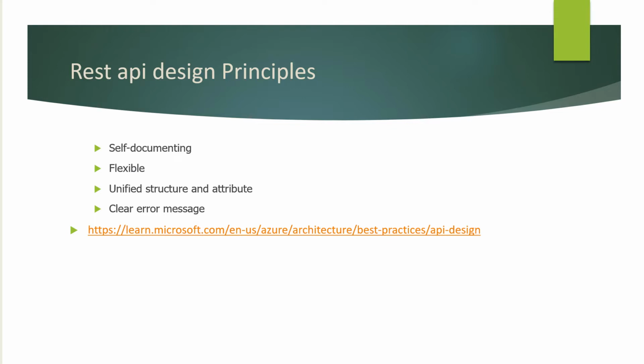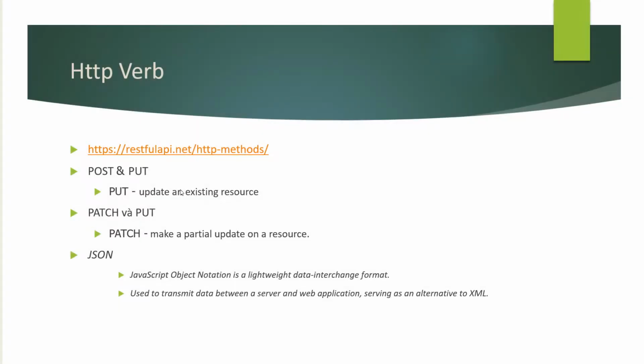It means that it can be easily opened up and expanded in the future, with a unified structure and attributes that have the same format and naming. The next is HTTP verbs. I have attached a link here to help you learn more about HTTP methods like POST, GET, or PUT, for anyone who needs to compare and know the difference between them.